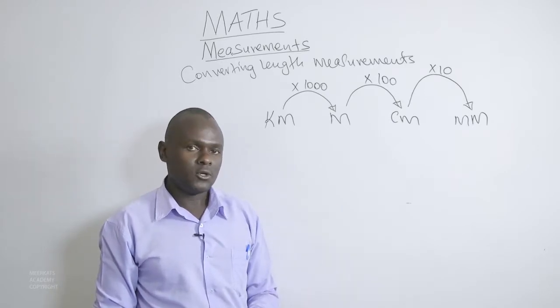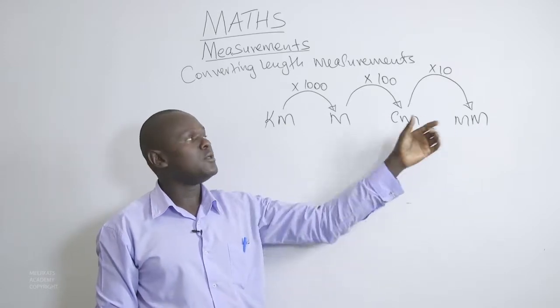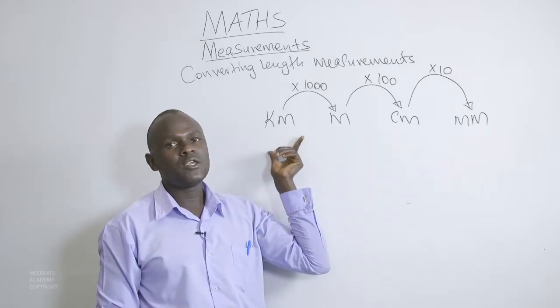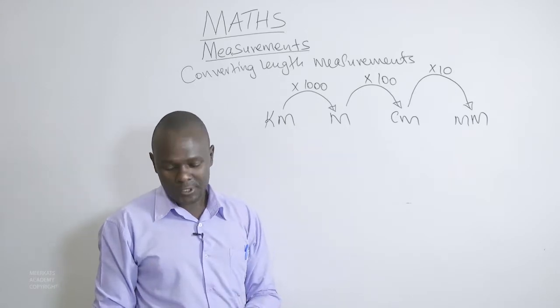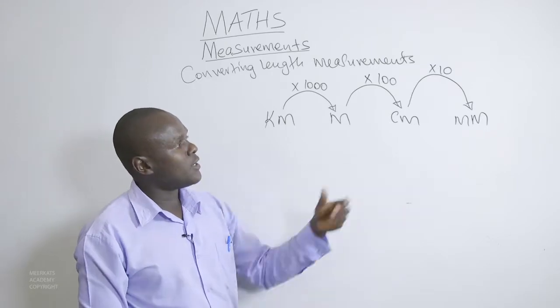It can also hold, because sometimes you can be given these small units, then you are told to convert to the equivalent larger units. So how do we move from one to another?